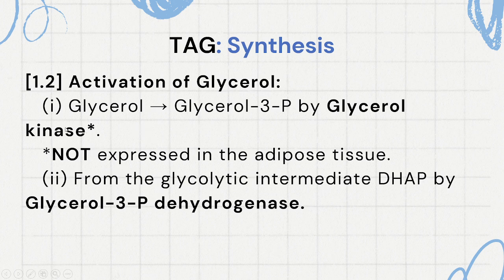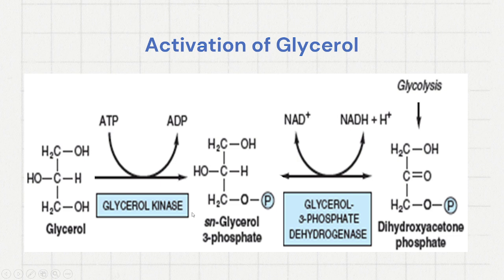So instead of having glycerol kinase, it can generate glycerol 3-phosphate from the dihydroxyacetone phosphate intermediate of glycolysis. So this is glycerol 3-phosphate, glycerol with phosphate at position 3. It is obtained either from glycerol by glycerol kinase or, in the adipose tissue, from dihydroxyacetone phosphate by glycerol 3-phosphate dehydrogenase.